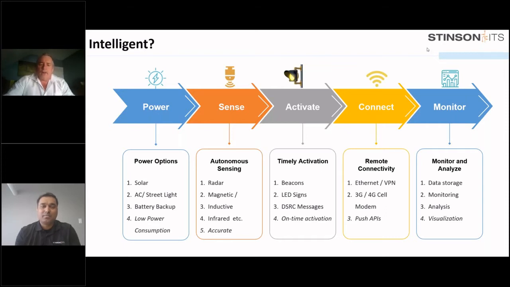Power: the most common source of power for an IWS system is solar power, but we can also use, in some cases, 120 volt AC from street light or power grids, and it may not always be active all the time.